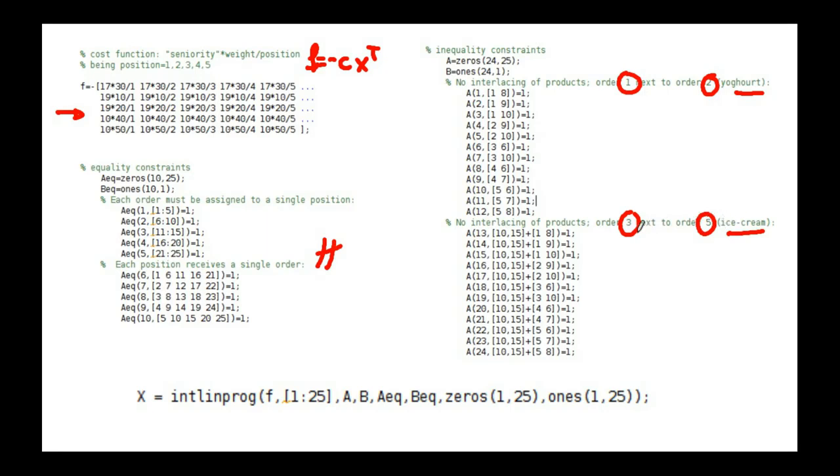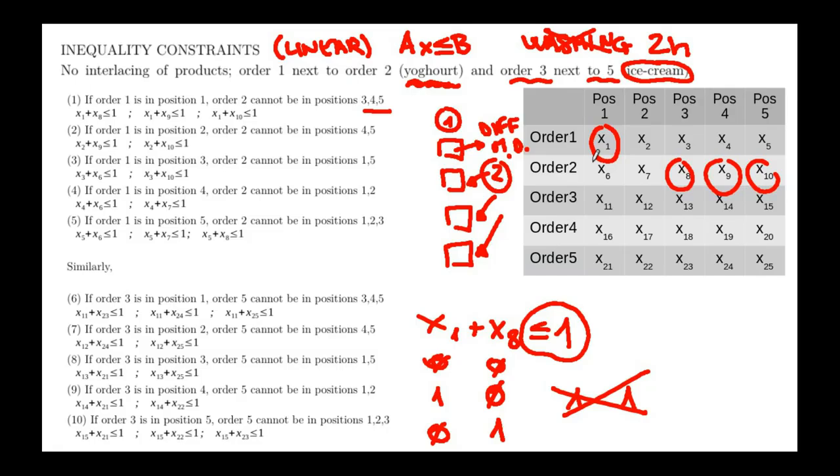And remember, in order to build these inequality constraints, I have written down all the possibilities that are forced not to happen. All the possibilities that must be avoided. As you remember from the previous slide, I put all the conditions that avoid both variables having a value of 1.